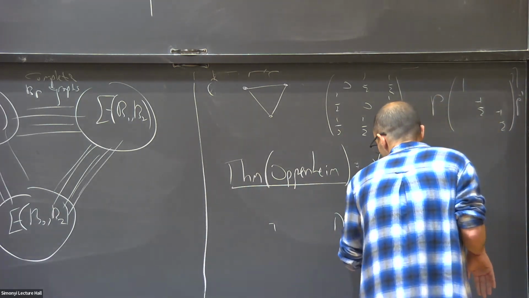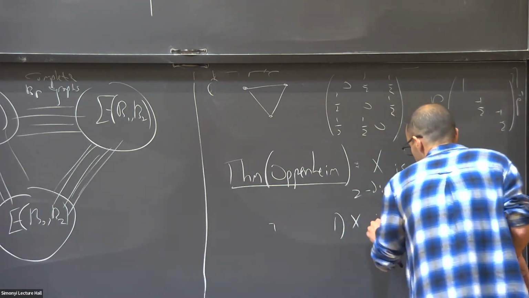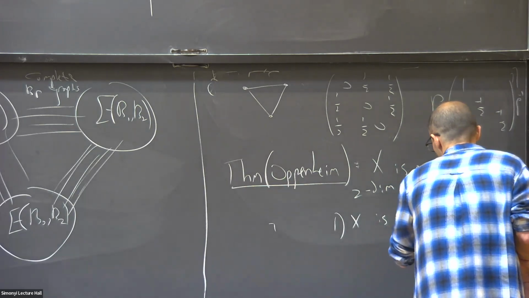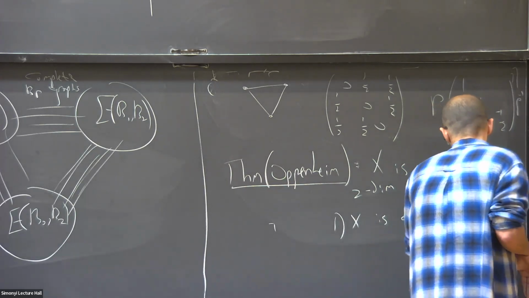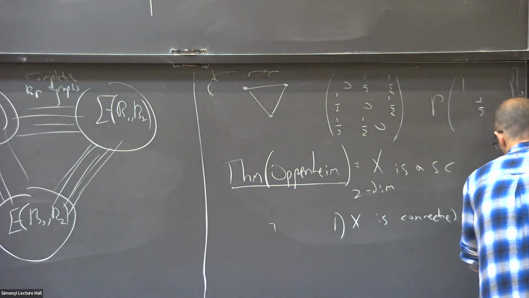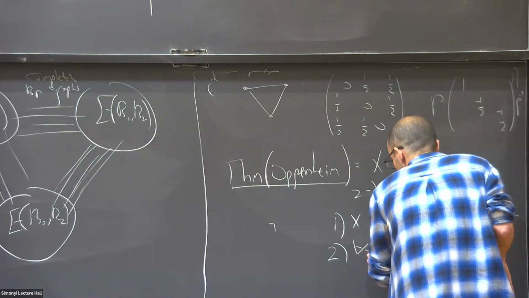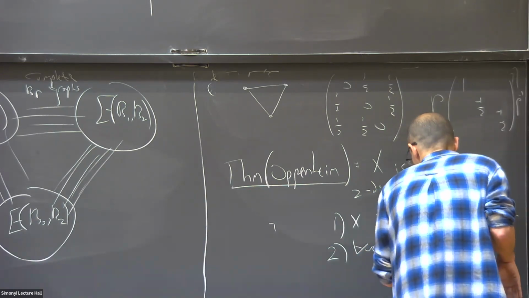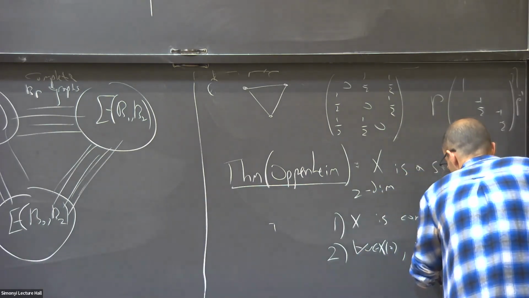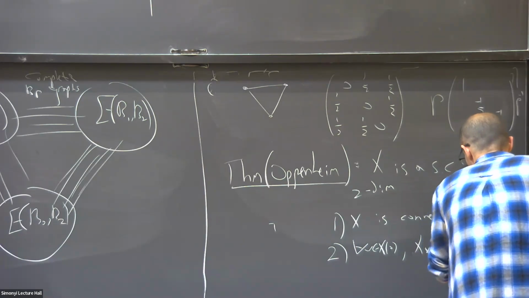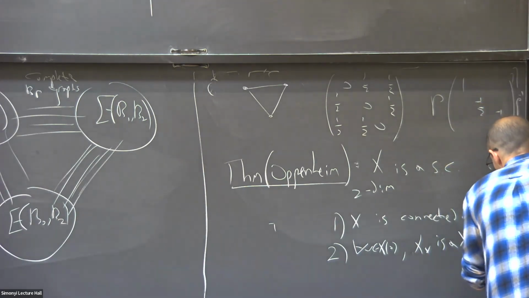One, X is connected as a graph, and two, for every vertex v in X, X_v is a lambda expander.